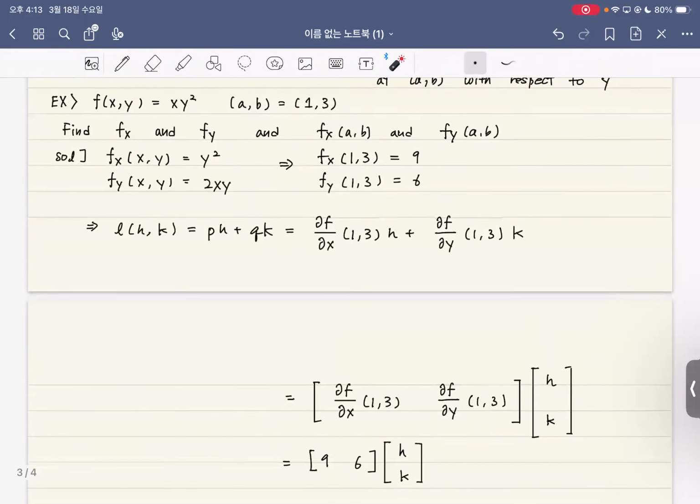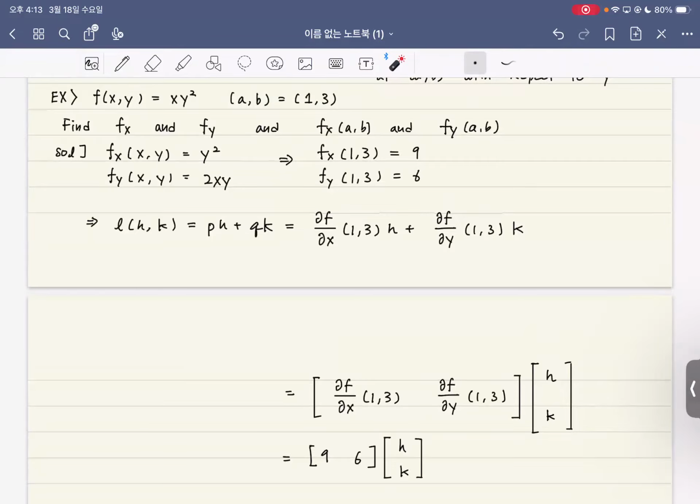So the point is, provided that you already know your function is differentiable at a given point, then finding this function L(h, k) is not a big deal. But the problem is, how do you prove that any given function is differentiable? Yeah, this is a somehow very complicated test.